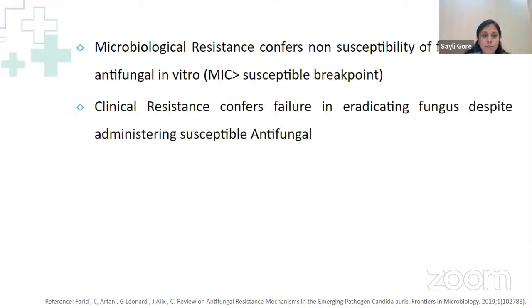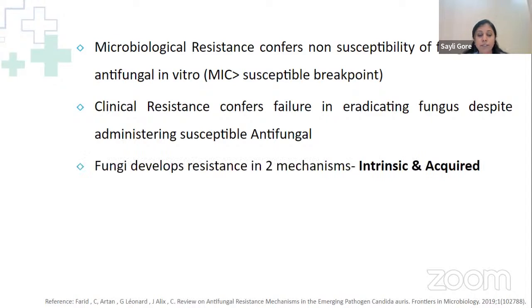So there are two types of resistance. One is microbiological resistance, and that confers non-susceptibility of fungus to antifungal in vitro. And there is clinical resistance that confers failure in eradicating fungus despite administering the susceptible antifungals. So fungi develop resistance by two mechanisms.